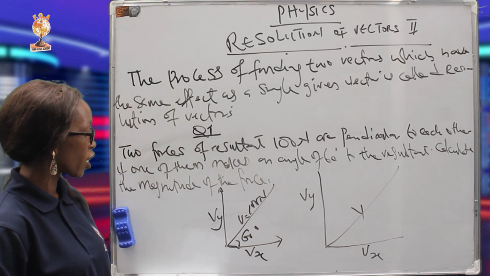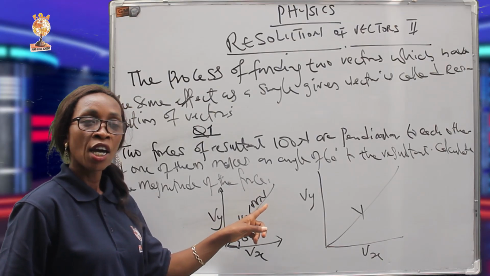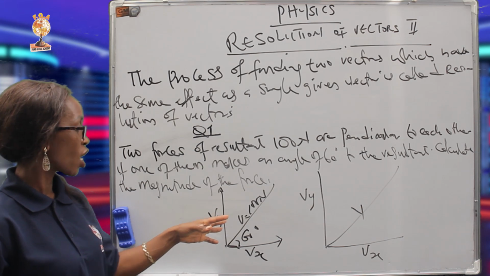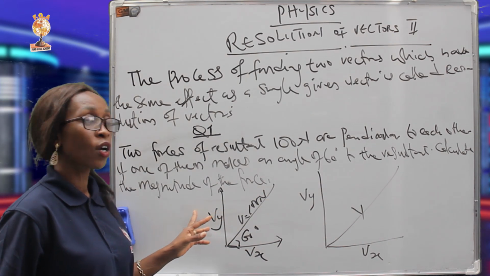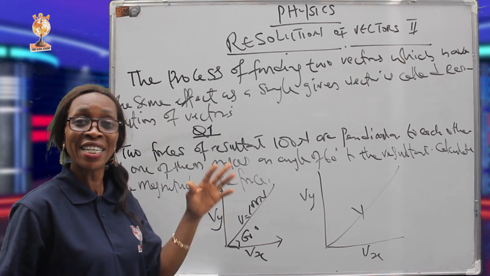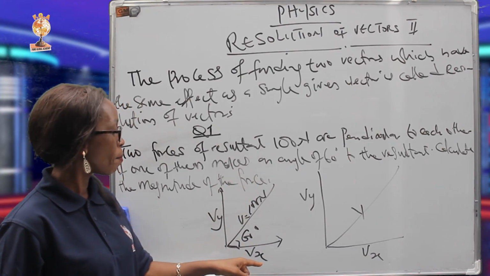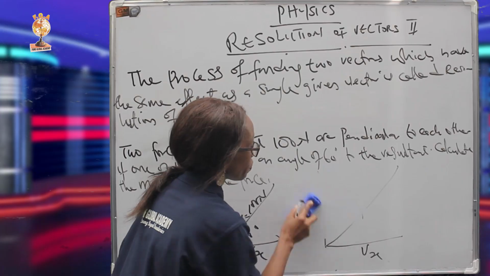Vy is not given, Vx is not given, but I'm given the resultant. Remember we talked in the last two classes that to get the resultant, you find the square root of the x and y components using the Pythagorean theorem. But in this case, we are given the resultant and asked to find the magnitude of the force.